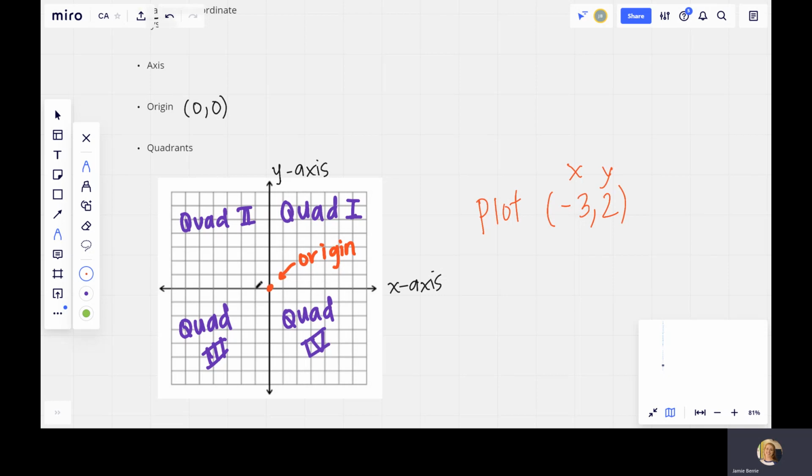So I'm going to go left 1, 2, 3, and then I have a positive 2 for my y value, so I'm going to go up 2. So this would be the plot of the ordered pair -3, 2. All right, so that's just some terms to know. When they say plot, that just means to graph that point.